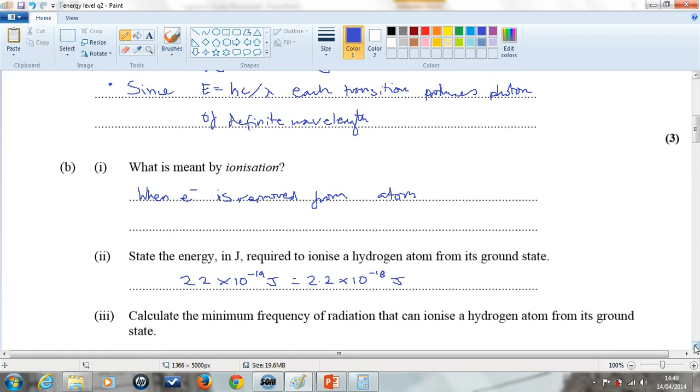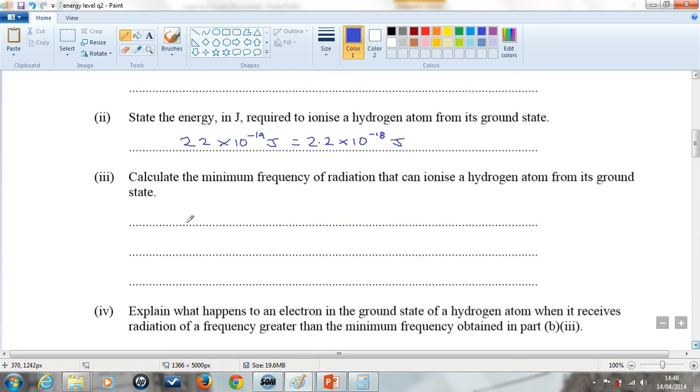It's then saying calculate the minimum frequency of radiation that can ionize a hydrogen from its ground state. Well, we know that the energy needed to ionize an electron from its ground state is 2.2 times 10 to the minus 18 joules. And this time it's asking for the frequency, so it's equal to hf.